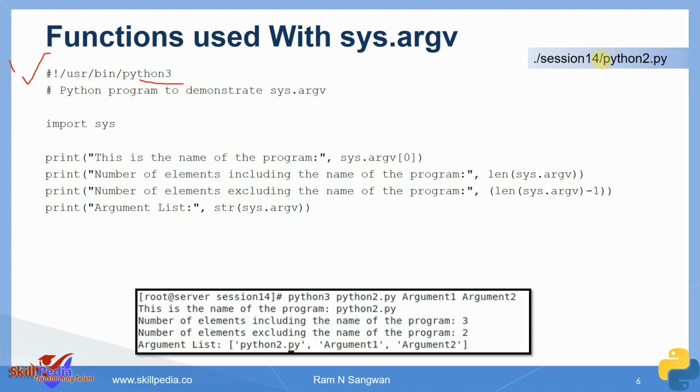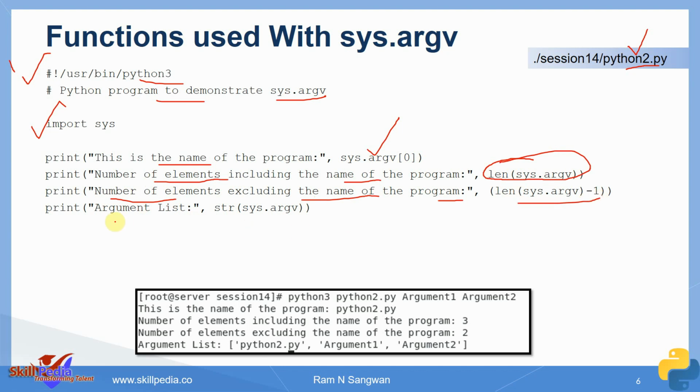python3 program number 2. To demonstrate sys.argv, import sys. This is the name of the program. Number of elements including the name of the program, len(sys.argv). Number of elements excluding the name of the program, len minus 1, and the argument list.